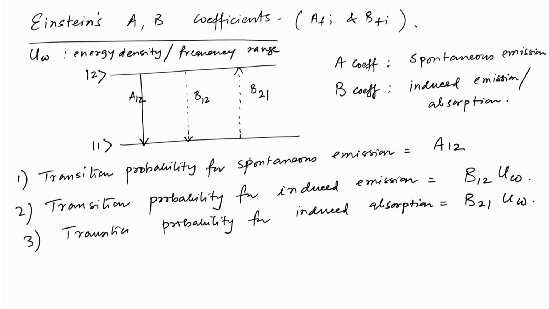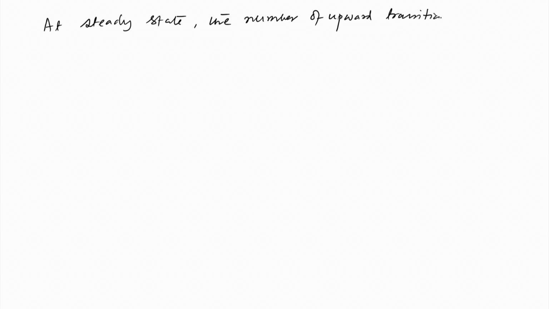So, these are the nomenclatures of these AB coefficients, and let us see that at steady state the number of upward transitions is the same as the number of downward transitions.